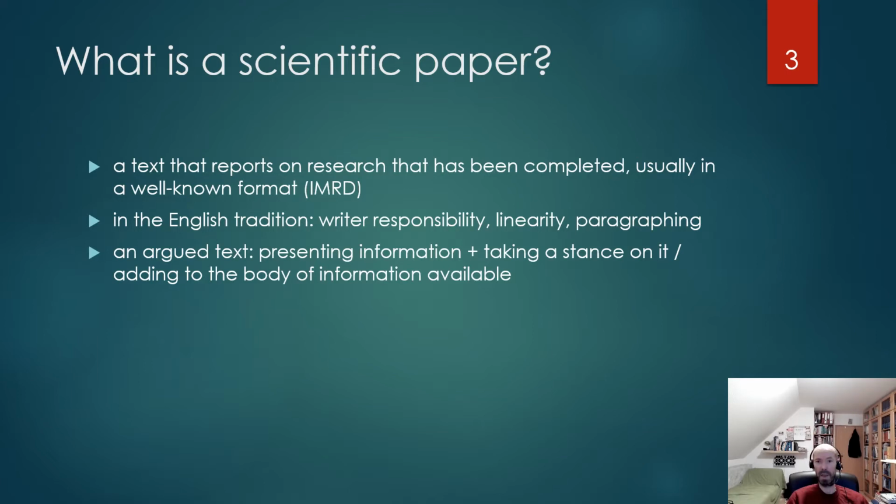So English texts make their points early and in a linear way, whereas Germans, for instance, or writers from other countries tend to write in a non-linear way. So that's also something that has to be learned to a certain extent.